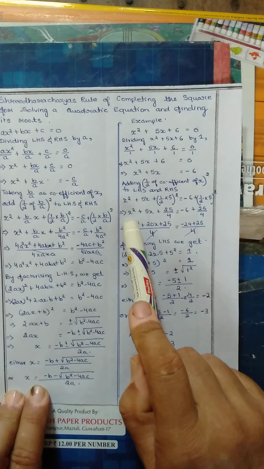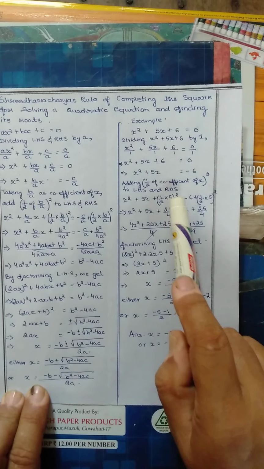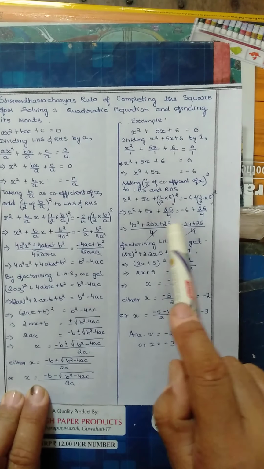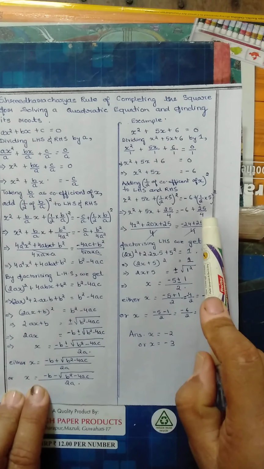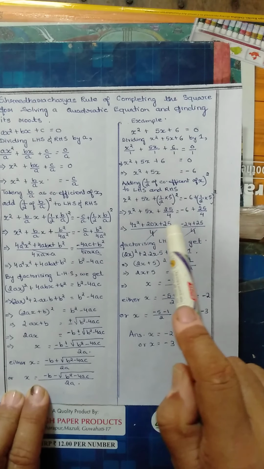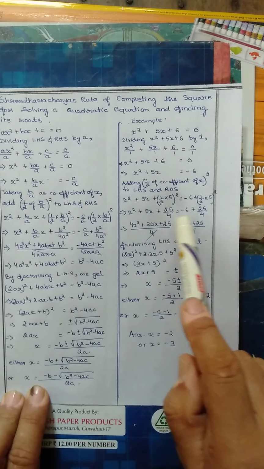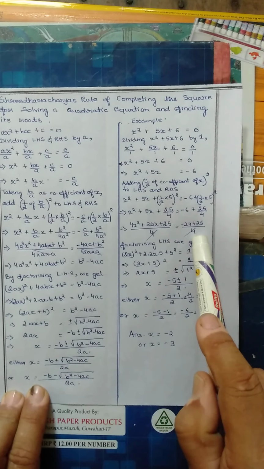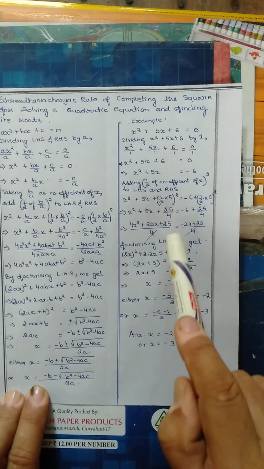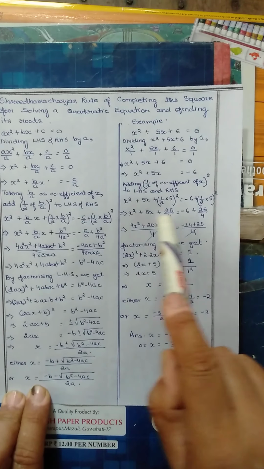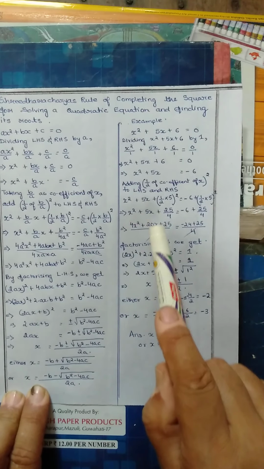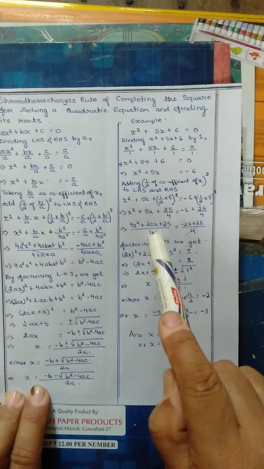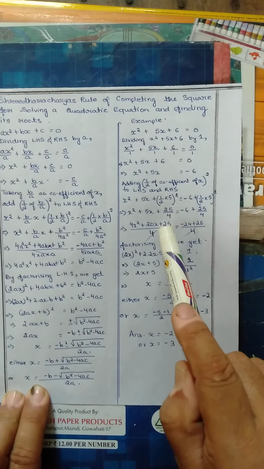So here you'll get x squared plus 5x plus 25/4, since 5 into 5 is 25, 2 twos are 4. Similarly, minus 6 plus the same thing. So here, if you notice, when you get the LCM of this one and this one, it is 4 and 4. So here you add using this LCM, so you will get 4x squared, 4 fives are 20x, and since same denominators are there, you put 25 there.